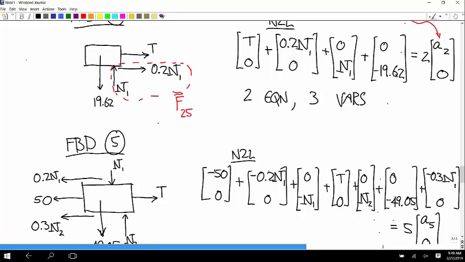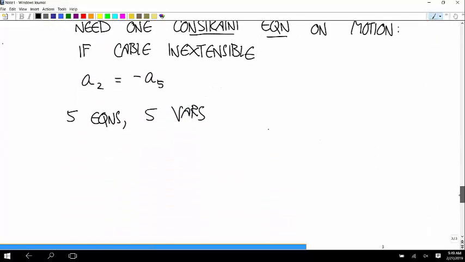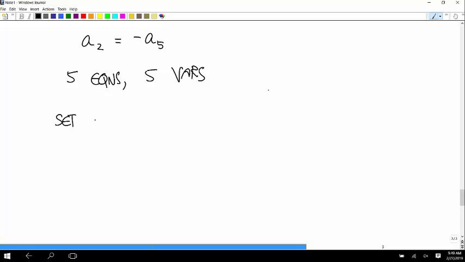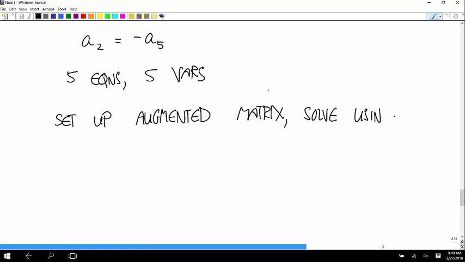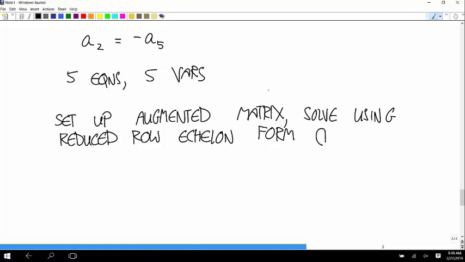So the way to do it is set up an augmented matrix and solve using reduced row echelon form. And I think all of your calculators will do that. It's usually called RREF in your calculators.